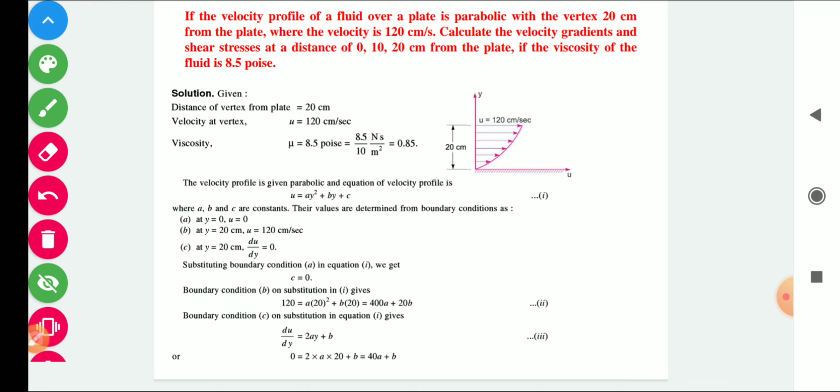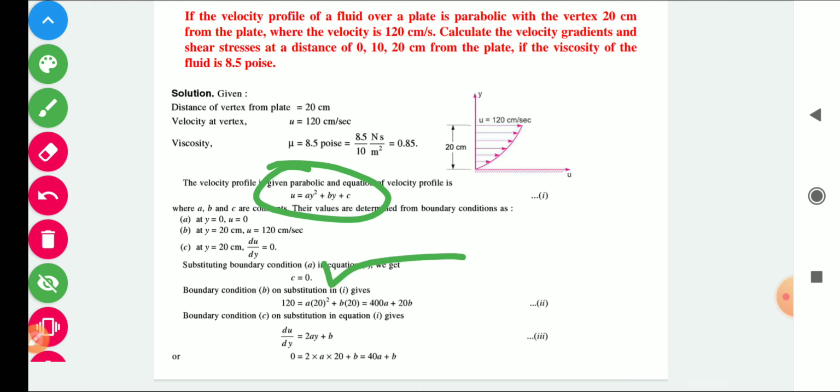Now if we put these boundary conditions in the equation, for example the first boundary condition, at y equal to 0, u equal to 0, then c will be equal to 0.